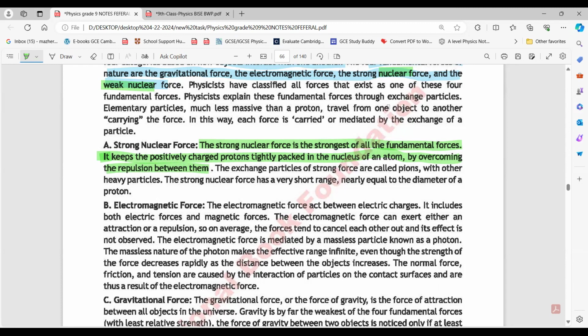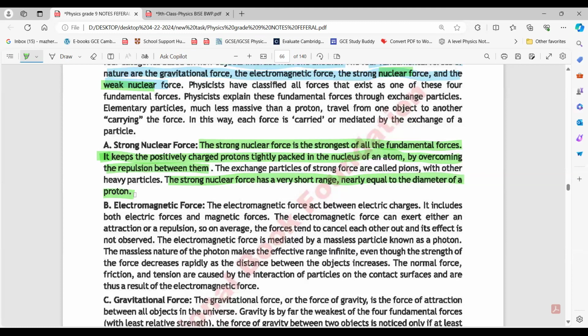But they are still present in the nucleus and the nucleus is not breaking down, because of the strong nuclear force that keeps the protons in the nucleus. Further on, they have explained that the exchange particles of strong forces are called pions, and the strong nuclear force has a very short range, nearly equal to the diameter of a proton. That is, it only exists within the diameter of the nucleus.